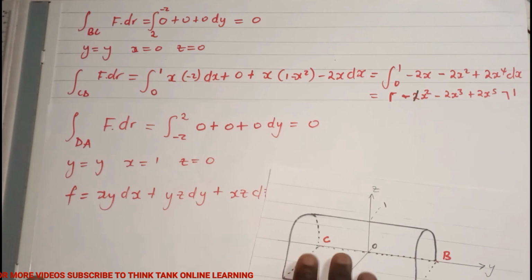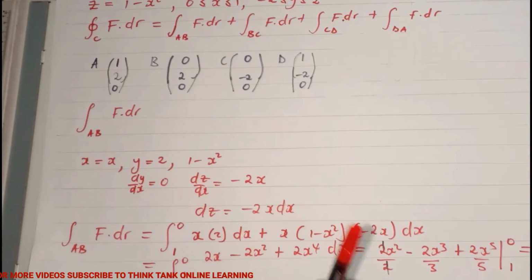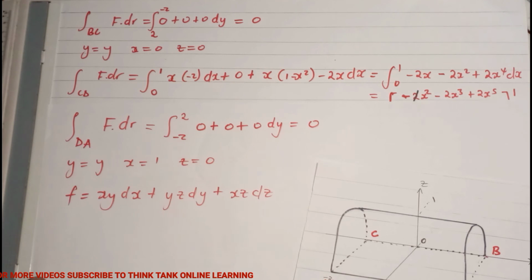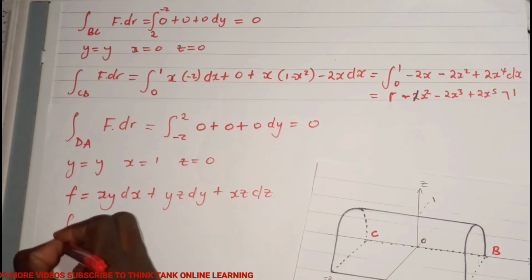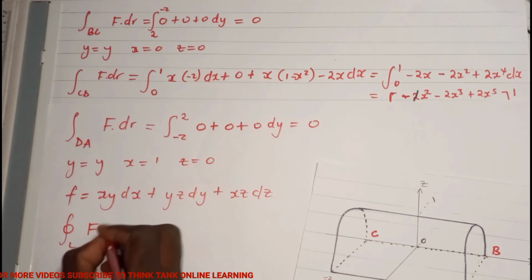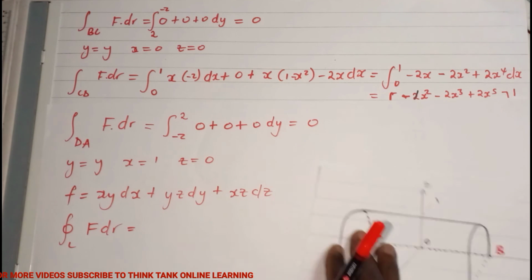Now we use our formula. We're going to find the sum of our line integrals. It's now a closed curve C, and the integral of F dot dr is going to be our answer.